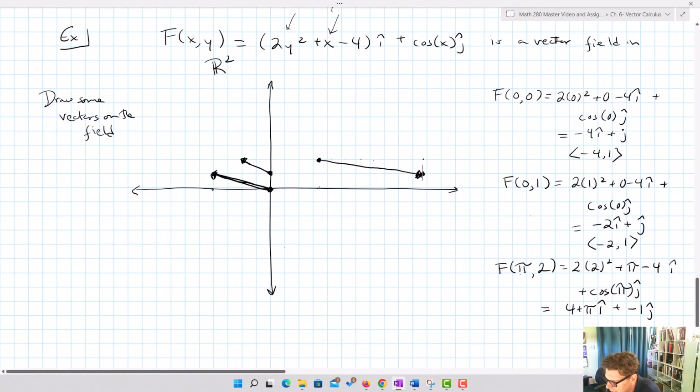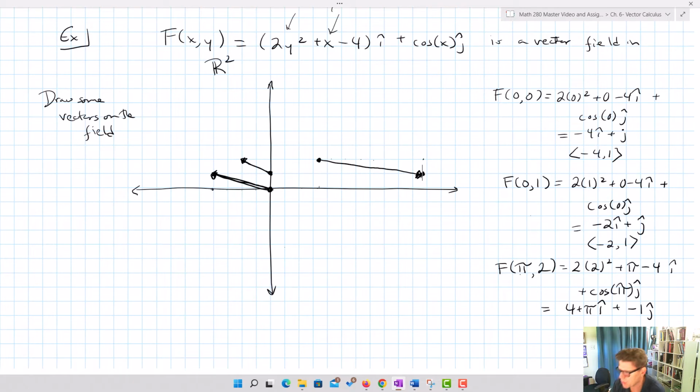So what we're going to imagine that we do on this vector field is populate the entire picture with these vectors. It's going to tell me the relative directions and magnitudes of whatever quantity I'm looking at, whether it's gravity or velocity or a charge or it might be current.